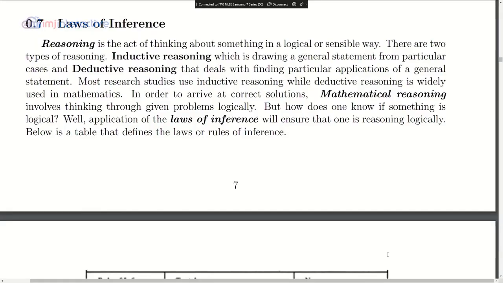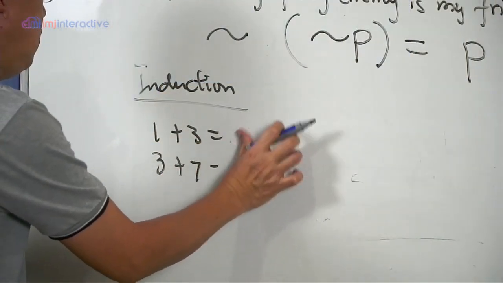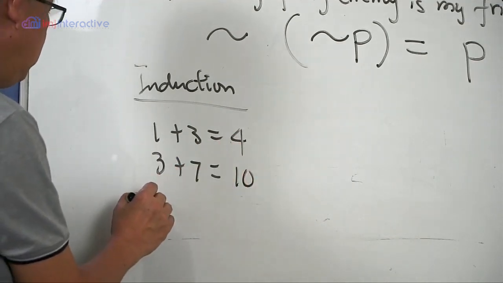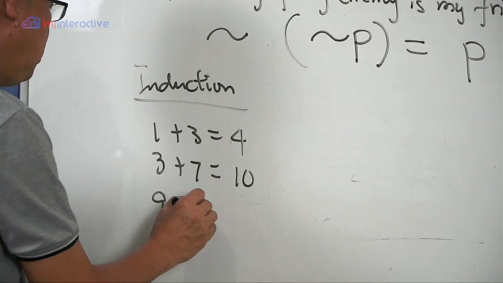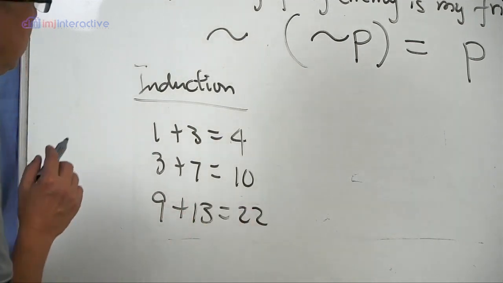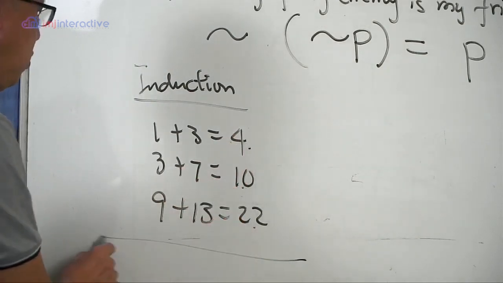To give you an example of inductive reasoning: 1 plus 3 is 4. 3 plus 7 is 10. 9 plus 13 is 22. Oh, look. These are particular cases. What is your conclusion?